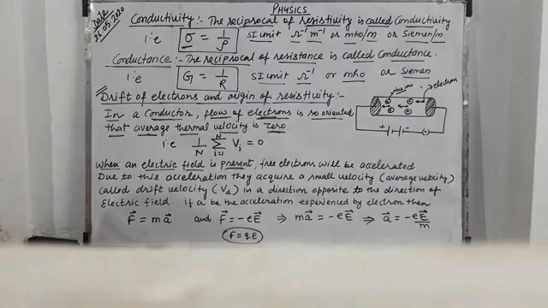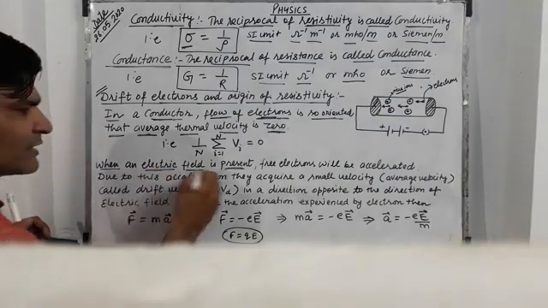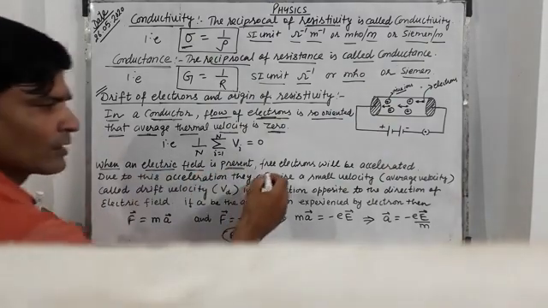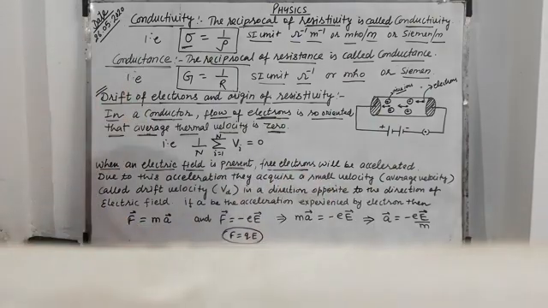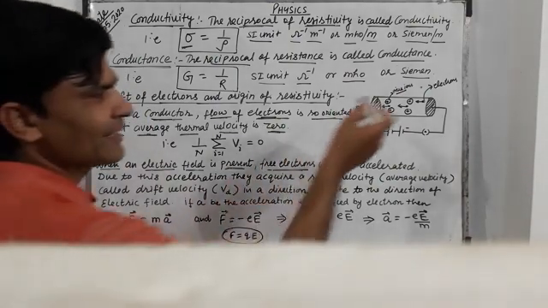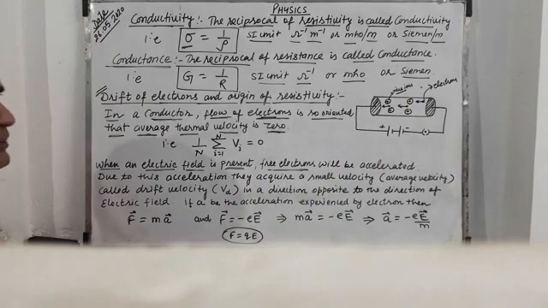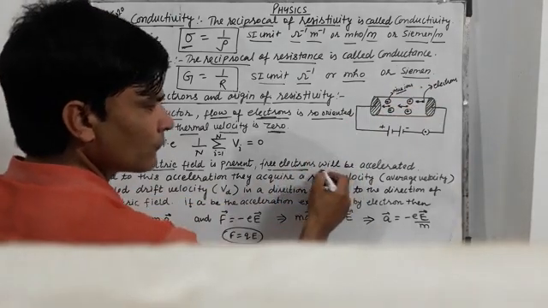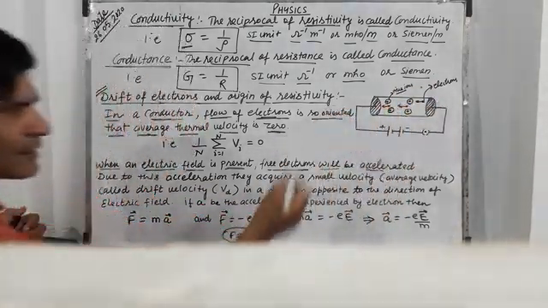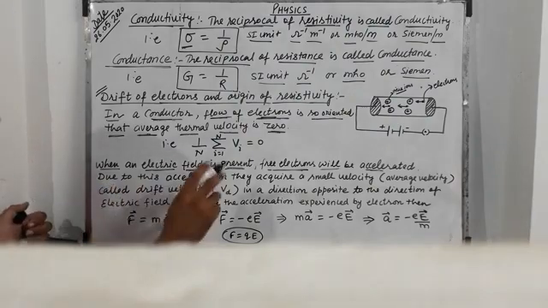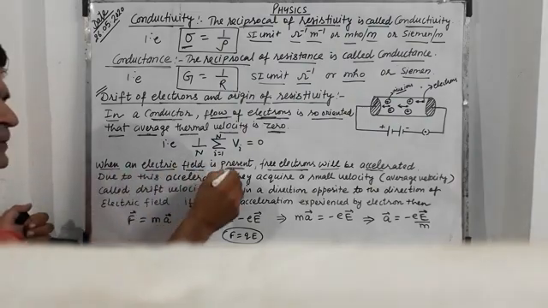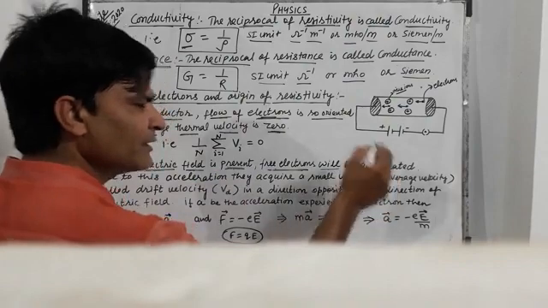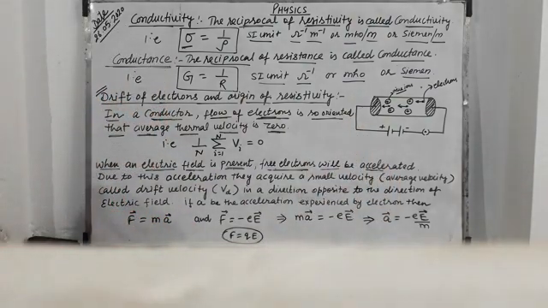means switch is closed. When an electric field is present, free electrons, as in the diagram, will be accelerated. Okay, electric field is present, free electrons will be accelerated.